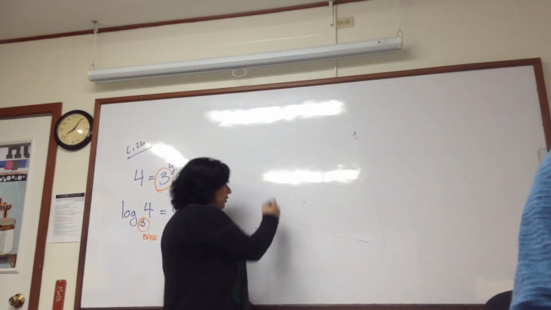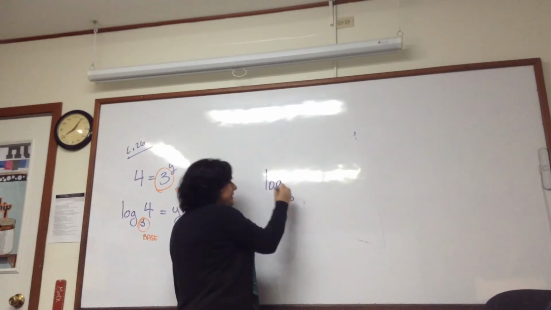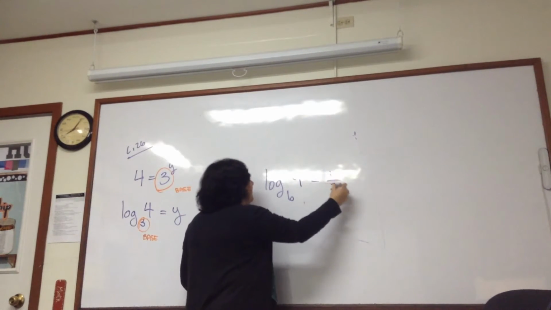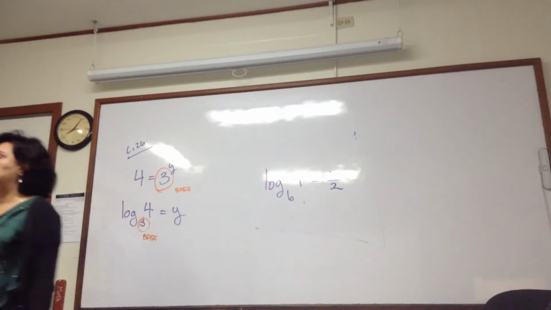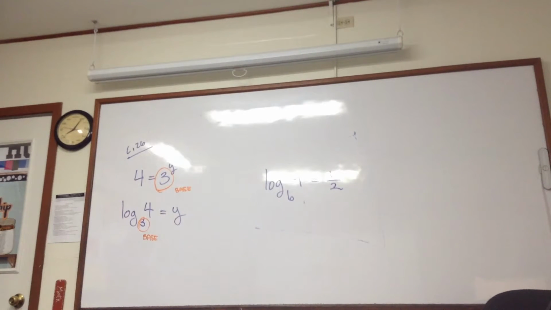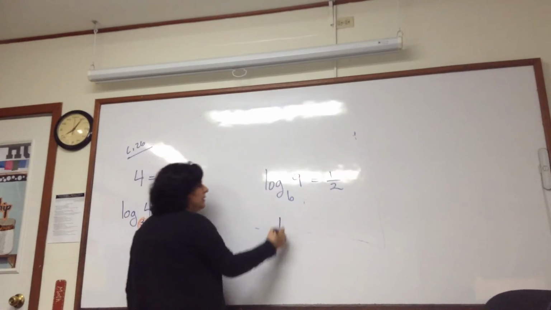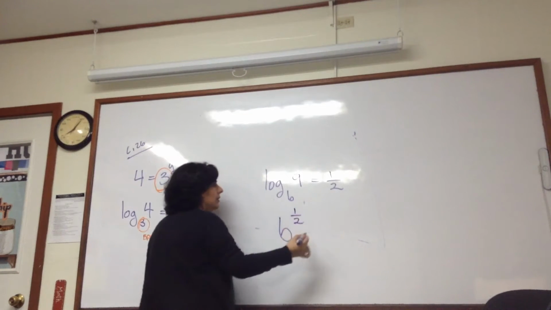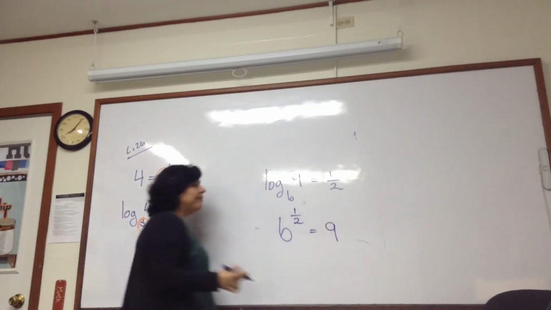If I have logarithm base b of 9 equals 1/2, and I tell you to solve that, what do you do? Give somebody else a chance, Simon. I know you understand because I explained it to you yesterday. So b to the one half equals 9.